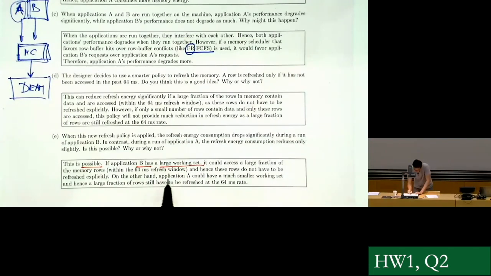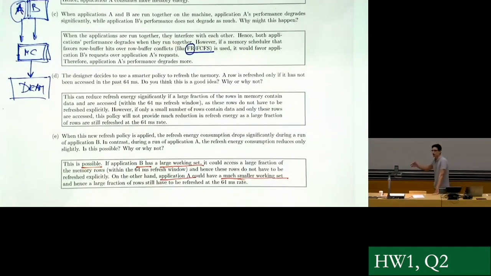It's not the case for application A, where the working set is much smaller. Only very few rows are being read and in consequence pre-charged, so the rest of the rows that are not accessed still need to be refreshed. Is that clear? Okay.